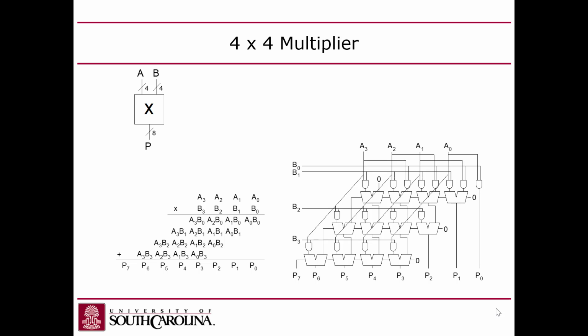Make sense? So this circuit lines up with just adding up the partial products, where B is the thing that's controlling whether or not you're adding a shifted version of A together to form a sum of partial products.